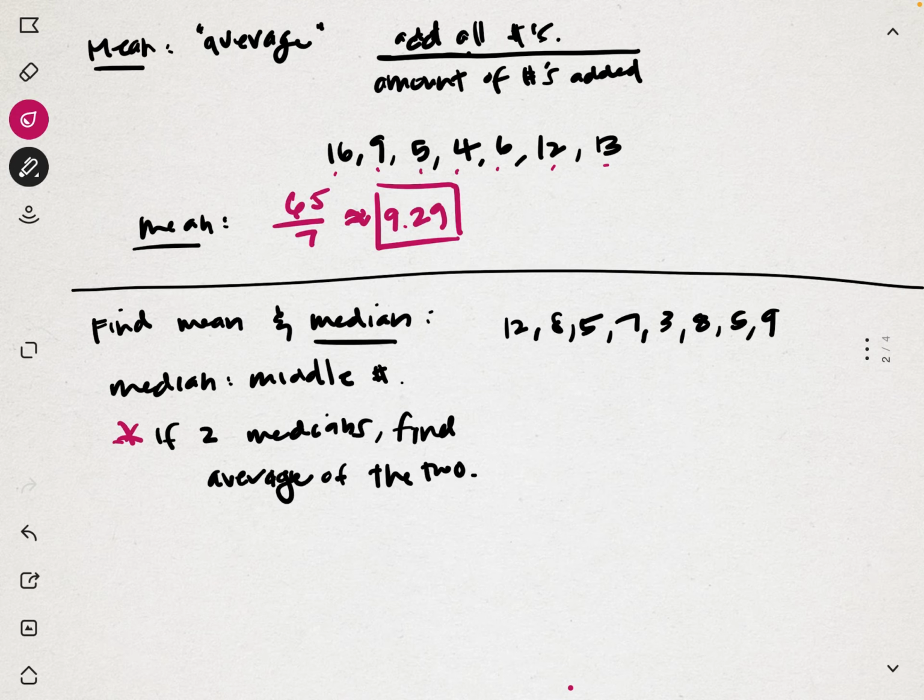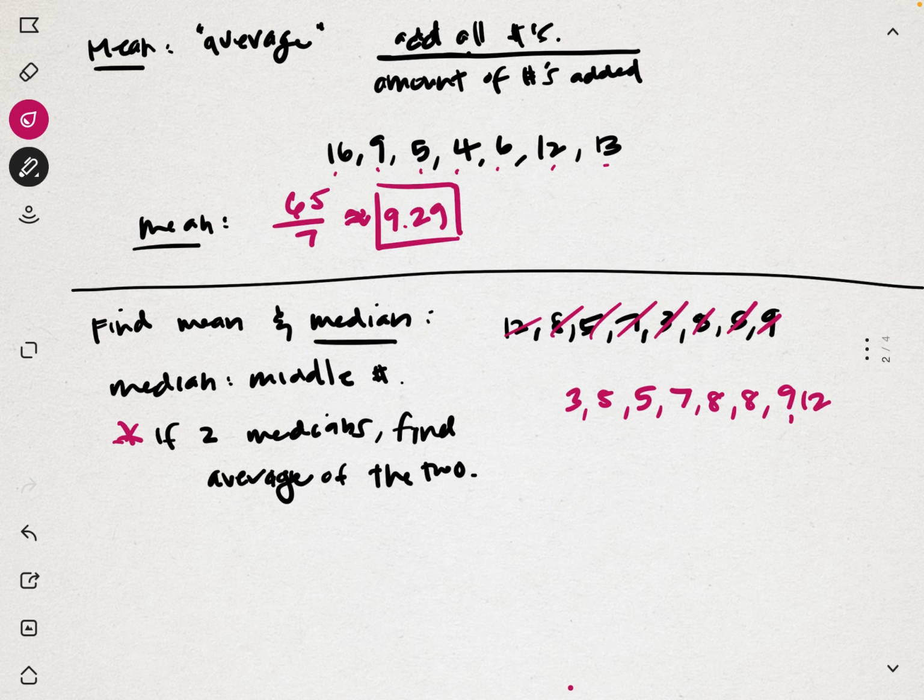So let's put these in order: 3, 5, 5. It always helps to cross out so we don't do any doubles. 7, 8, 8, 9, and 12.